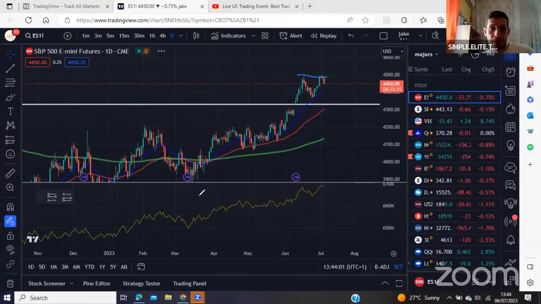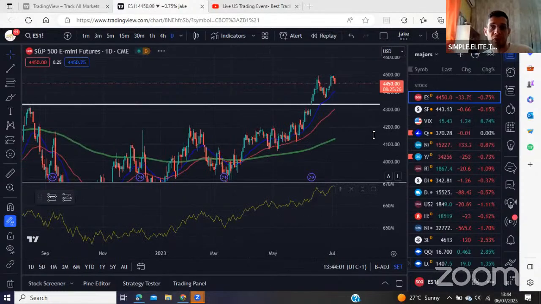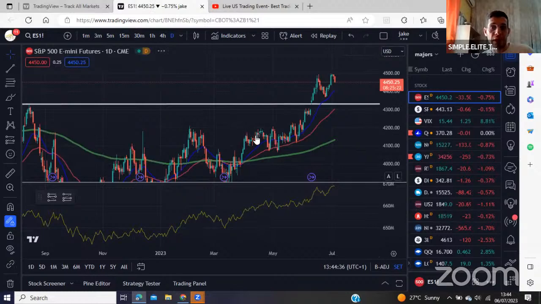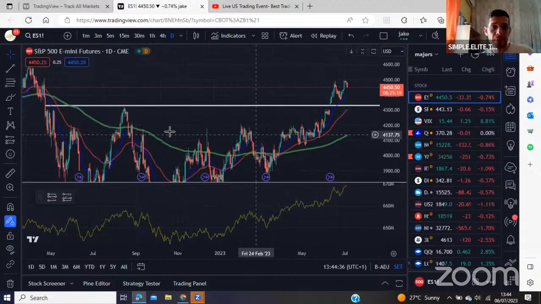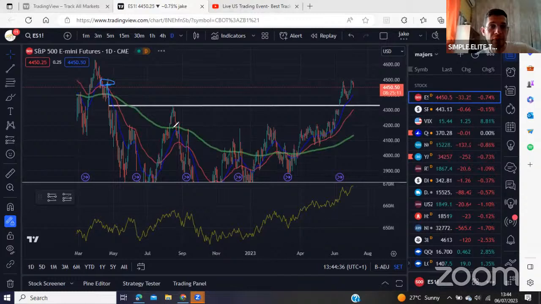Price could have some retracement, which is not bad to see, because we always want to buy low and sell high. As previously, price here rejected the 4,500, so we could probably do the same here and come back to this level here.